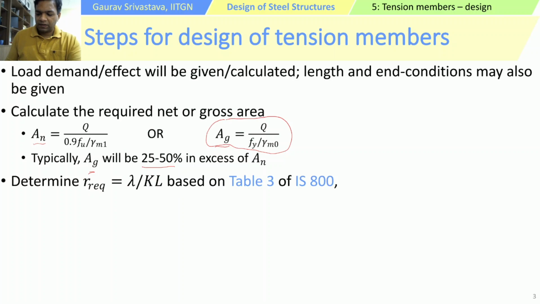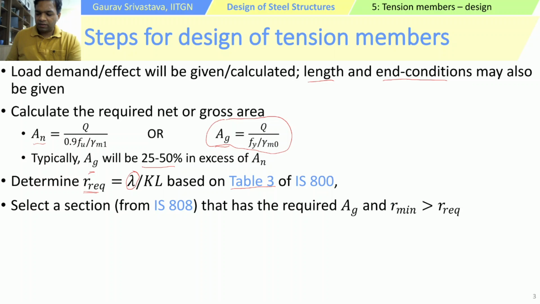Now, once the required gross area is known, if there are requirements on the radius of gyration or limiting lambda, the limiting lambda will be available from table 3, and the required radius of gyration can be calculated just by inverting the relation that we had in the previous slide. Depending on length and the end conditions, we can then calculate the required radius of gyration for the member.